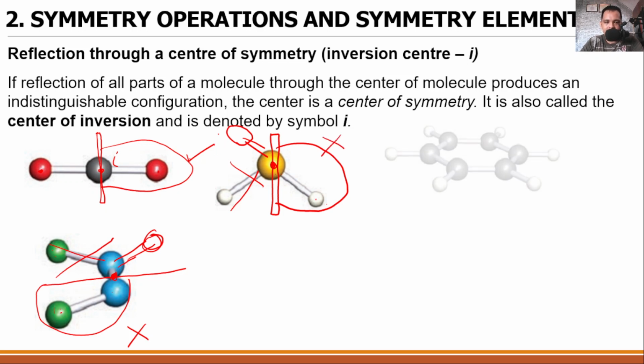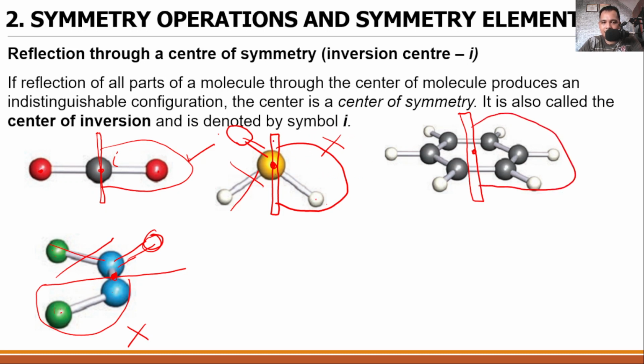Okay? What about this one? Benzene. Does it contain a center of inversion? Let's check. Place a mirror plane on the middle. So this is the inversion. Okay? Let's get this one and disregard this one. Will it retain its original configuration upon inversion?